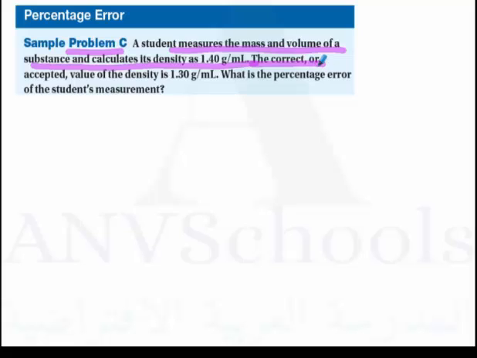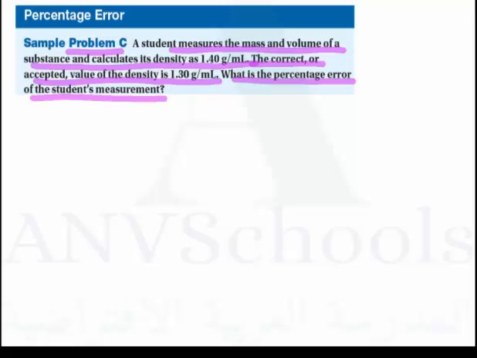The accepted value of the density is 1.3 grams per milliliter. What is the percentage error of the student's measurement?